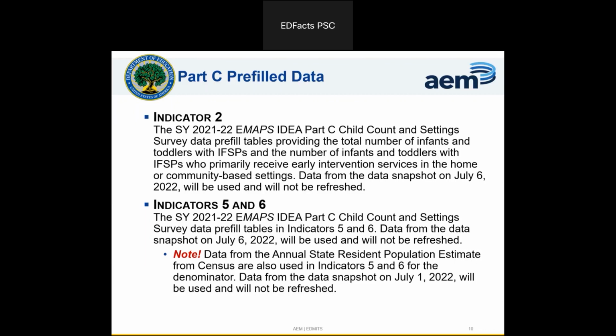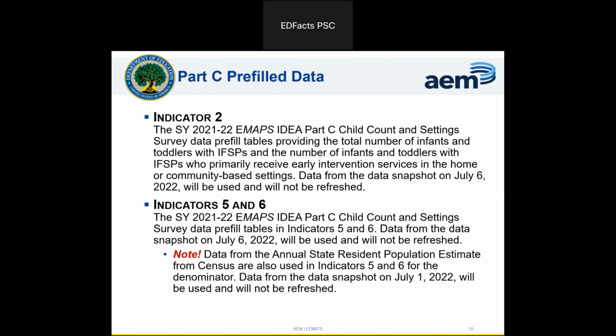So the data from the snapshot of July 6th, 2022 will be used, and this will not be refreshed. Also, indicators 5 and 6 are pre-filled from the school year 21-22 eMaps IDEA Part C Child Count and Settings Surveys. And this is data from the snapshot on July 6th, 2022. So that will be used, and that will also not be refreshed.